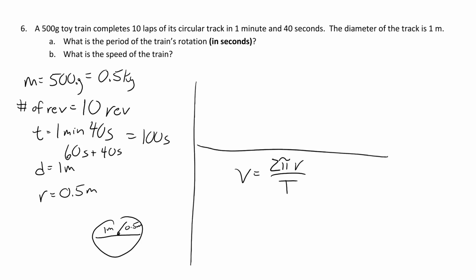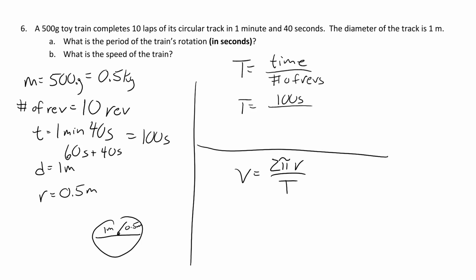And let's see. It says, what is the period of the train's rotation? It even tells you in bold. You got to convert it to seconds, people. So the period is equal to the time divided by the number of revs or cycles or circles, what have you. So the time is 100 seconds, not 1.4 seconds or anything crazy like that.